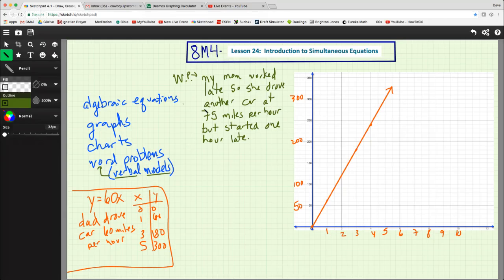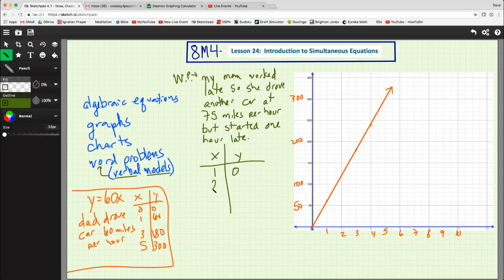Okay. So now what can we do here? Let's make a little chart of what my mom did. And so over here, we're going to say, well, X and Y. Well, she didn't start until 1 hour. So at 1 hour, where was she? If she started at 1 hour, she wasn't anywhere. So she was at 0.